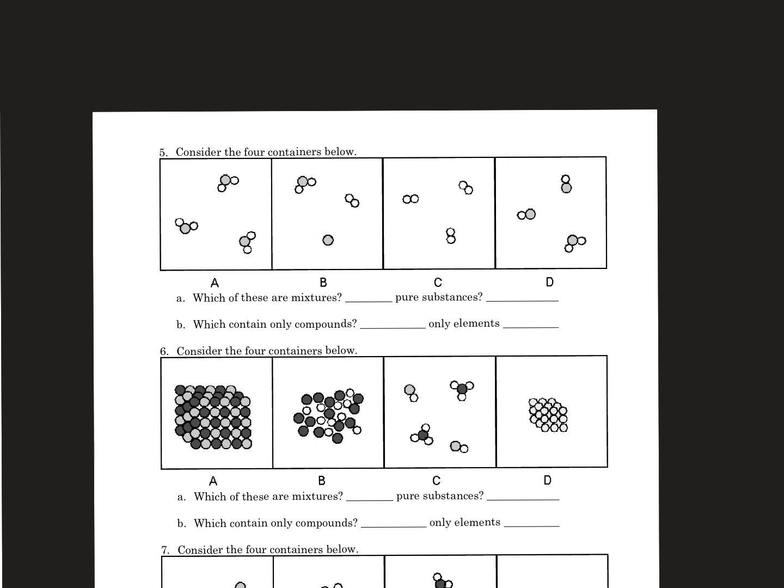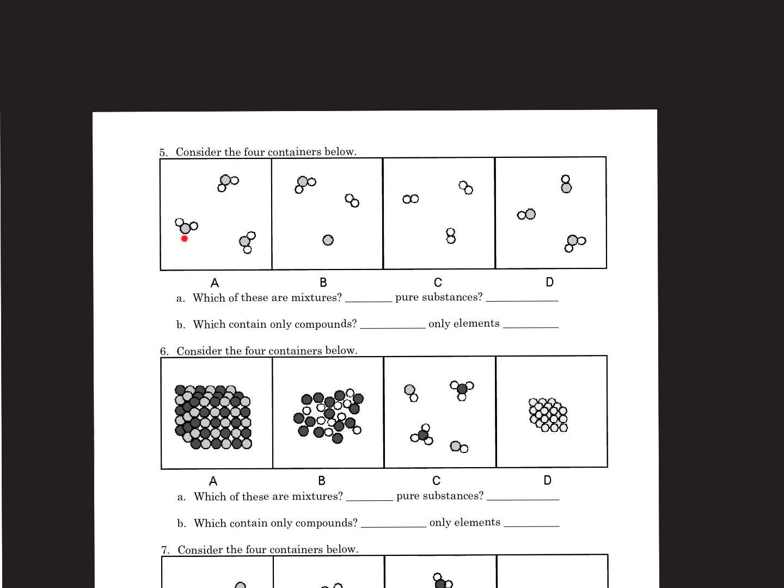Here, we've got two atoms that are together. This is called a diatomic molecule. You don't have to really know that right now, but this particle and this particle and that particle are all identical, so this is not a mixture. This is a pure substance.